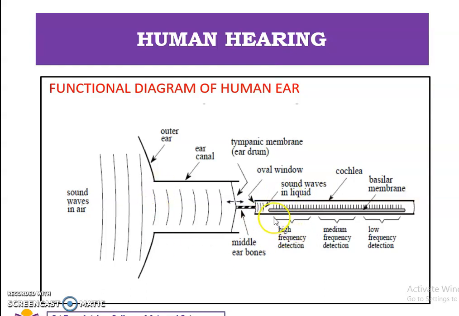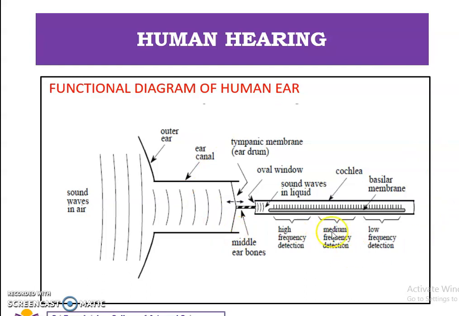Coming to this point, the cochlea consists of the basilar membrane. This basilar membrane consists of 12,000 sensory cells forming the cochlear nerve. The basilar membrane is stiffest at the oval window and more flexible towards the opposite end. It acts as a frequency spectrum analyzer.